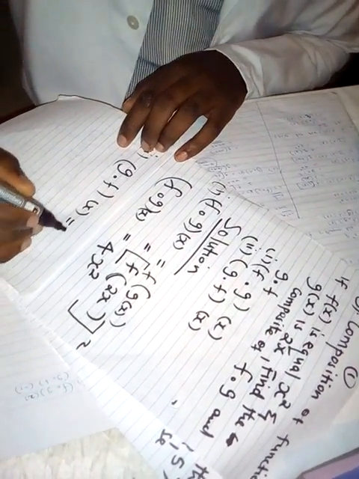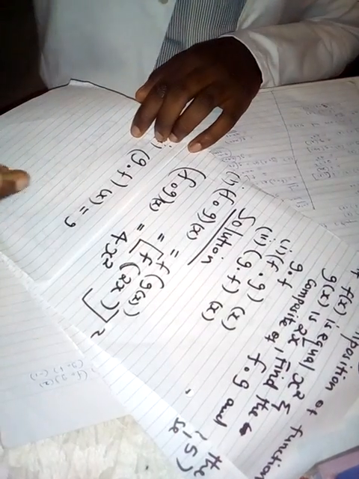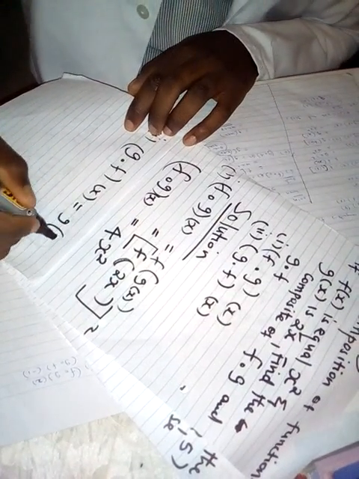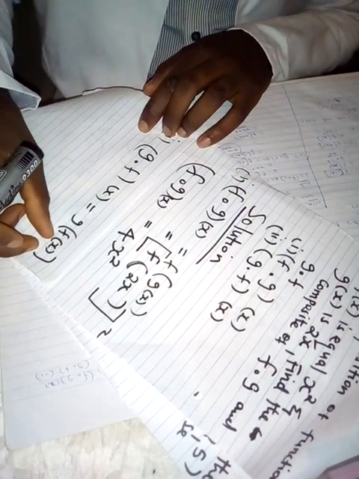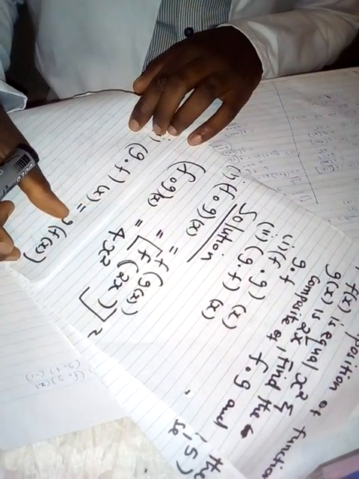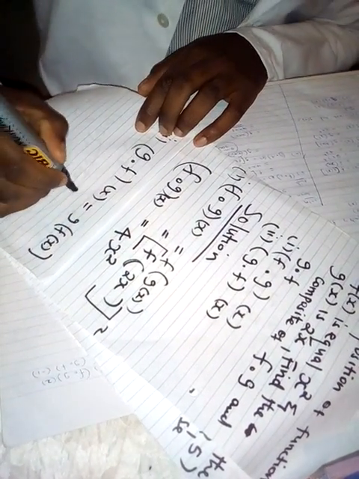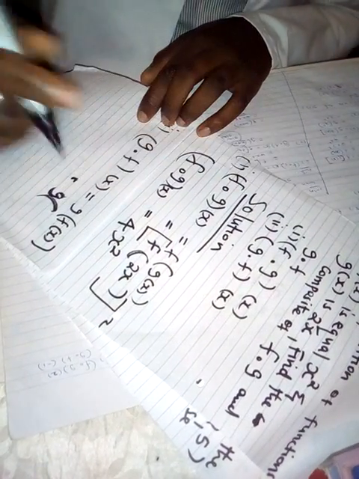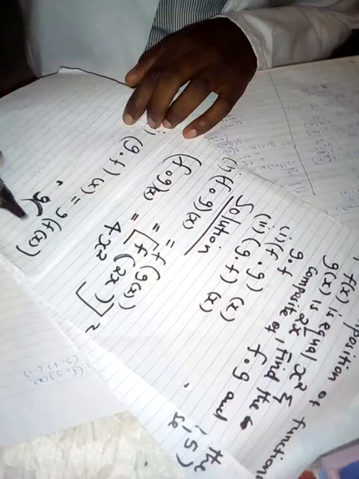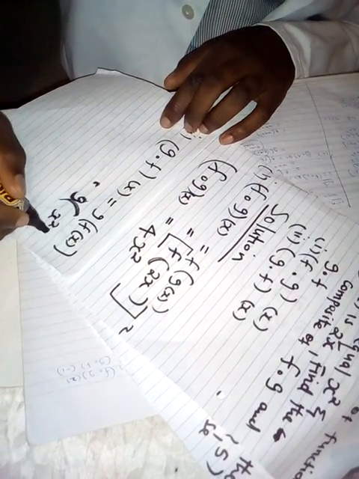You solve it this way. g will be outside because it's a composite of f, and then f will be inside there. f should be in a small bracket, with a bigger bracket outside the f. Then because g is outside the bracket, you give an x for f, and f is x squared.